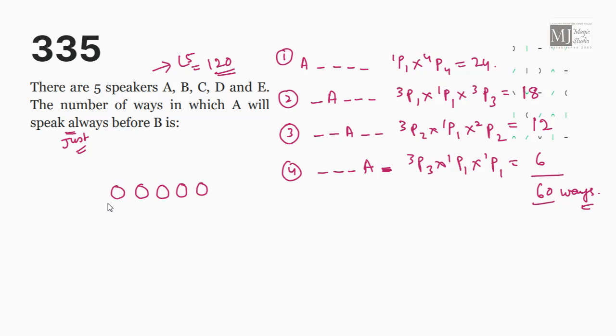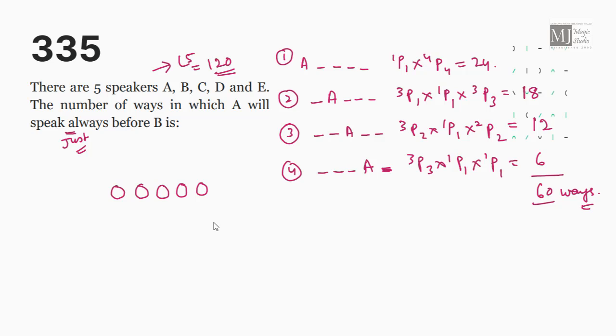Whenever I look at this particular arrangement, I can always see that A is before B. That means in all these arrangements, I can see the same picture as far as A and B are concerned. And what is that same picture? A is always before B, but I am not seeing the picture that B is before A. That means the order of A and B needs to be fixed.